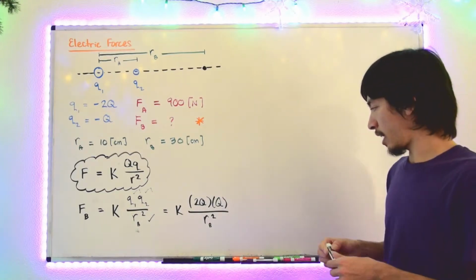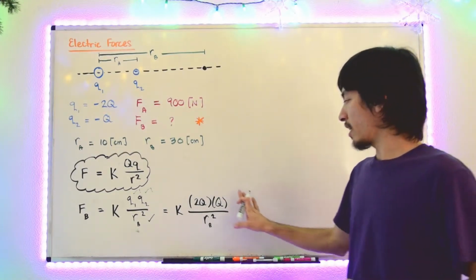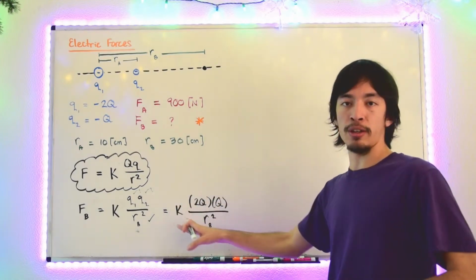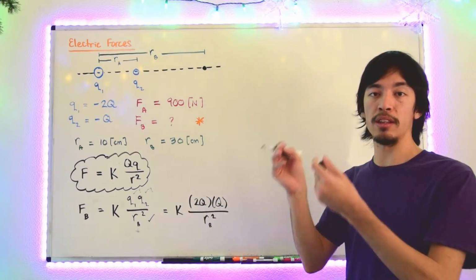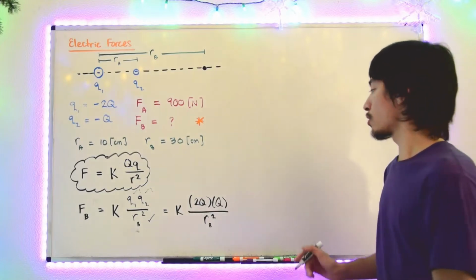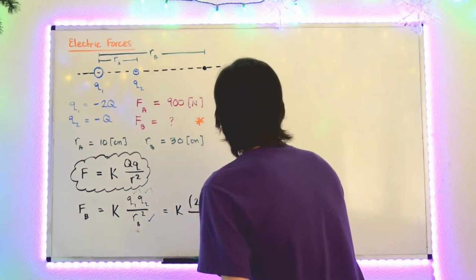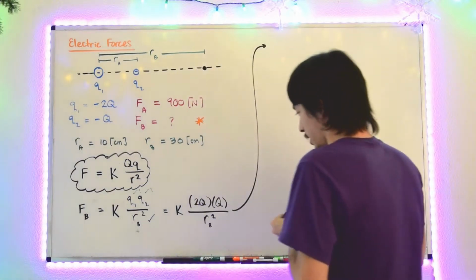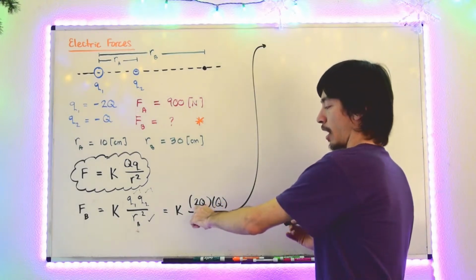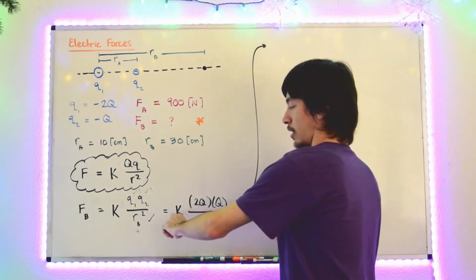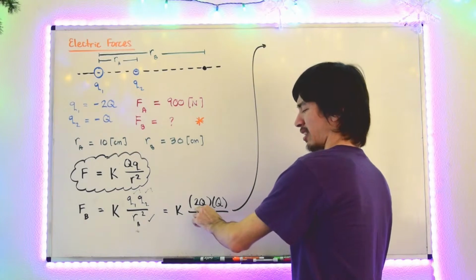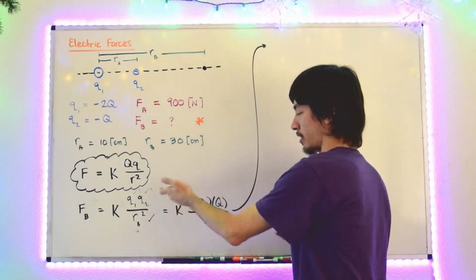So we can try to write what we have here in terms of the things that are given in the first situation. Meaning, I could pull the 2 out front, it doesn't really matter.